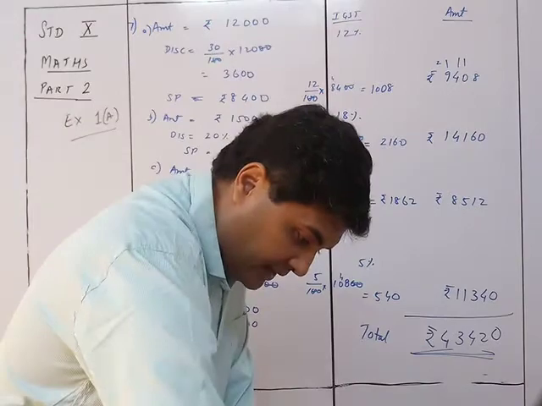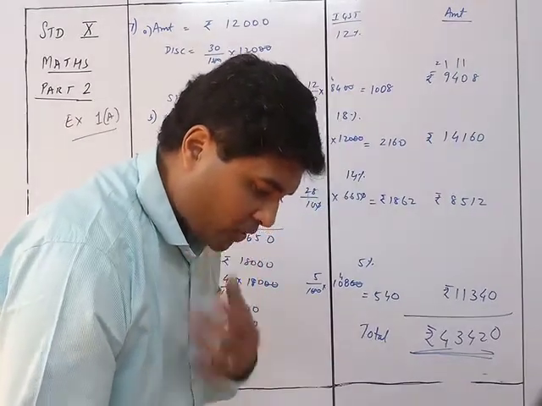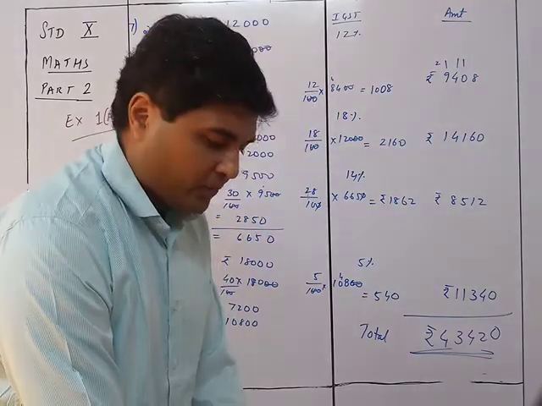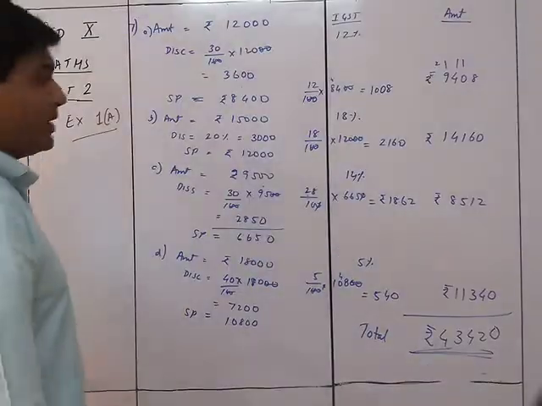They asked us to find the amount of the bill for sum number 7, the bill of 43,420. So that was the answer for sum number 7.